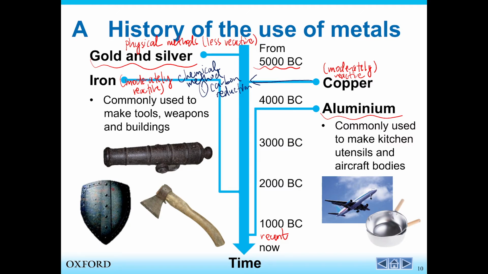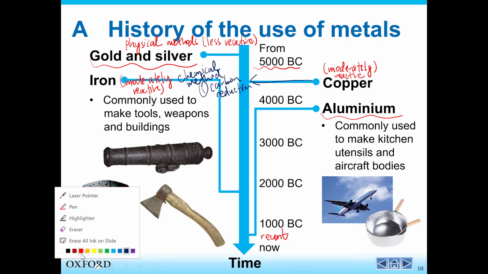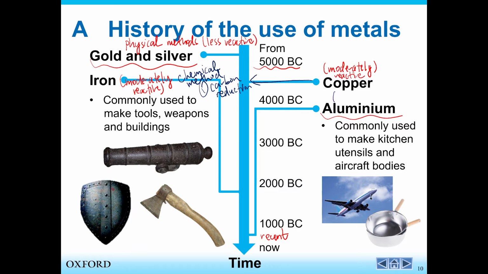Aluminium is quite reactive, more reactive compared to these other metals. Because it's so reactive, you need a chemical method to extract it from its ore. Just panning is not enough, and just carbon reduction is also not enough. That's where electrolysis comes in.